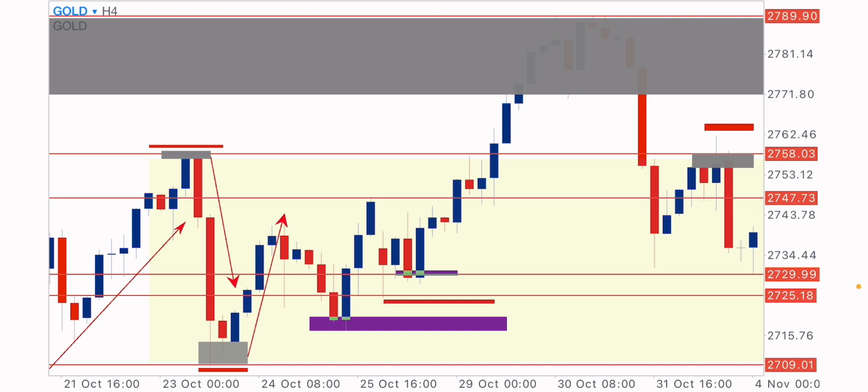The reason why I'm making these examples of previous market price, or rather the market price which we have just passed from, because this is in the October 24th time frame, right?